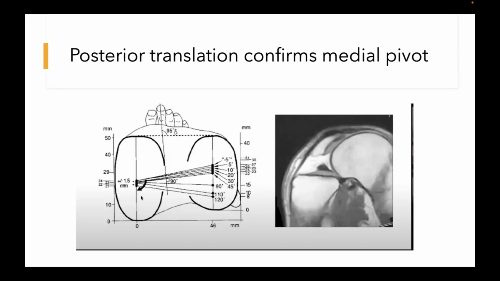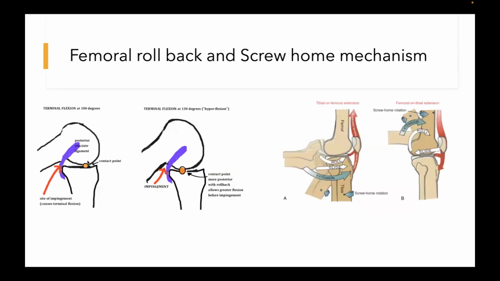Now, there are two important mechanisms, the femoral rollback and the screw-home mechanism. In deep flexion, more than 90 degrees, the contact points, this is the contact point here, roll more posteriorly to avoid impingement between the posterior femoral condyle and the posterior tibial condyle. So this permits more flexion. Also, at the same time, the tibia internally rotates during this mechanism due to the geometry.